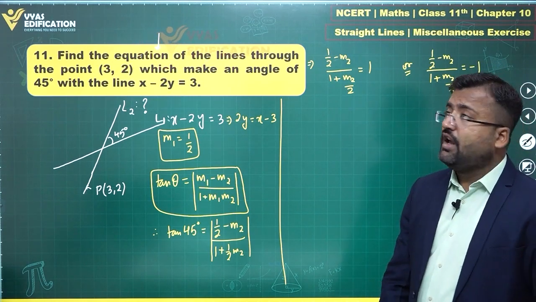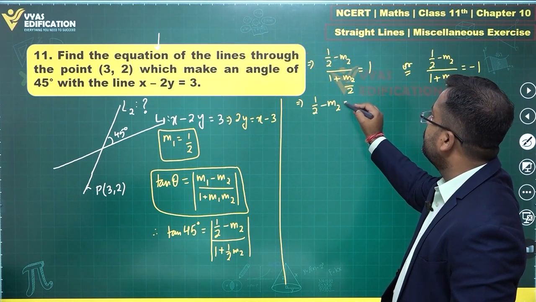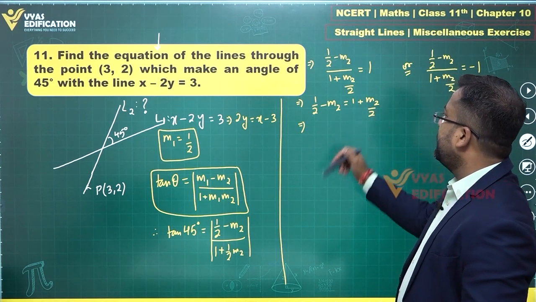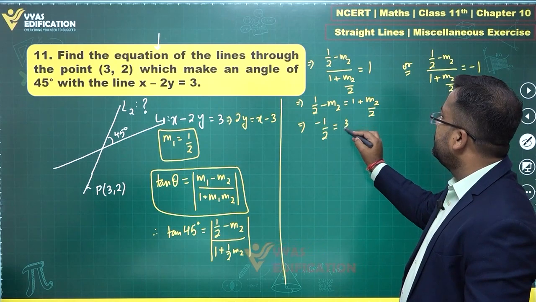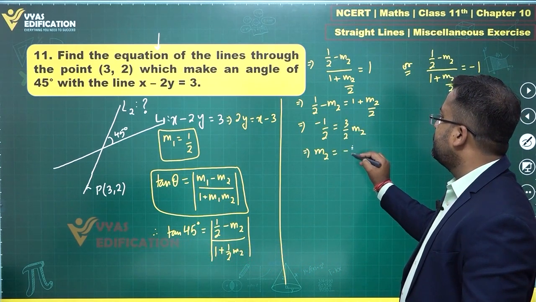This will be 1 or minus 1. Let's simplify this. Half minus M2 is equal to 1 plus M2 by 2. This will go that side. This is half minus 1, which is minus 1 by 2, equals 3 by 2 M2, and this tells me M2 will be equal to minus 1 by 3.